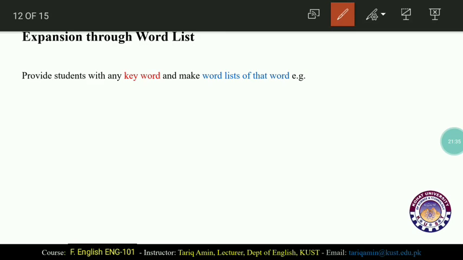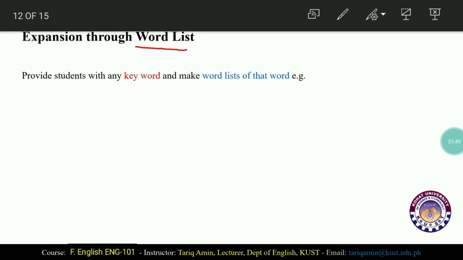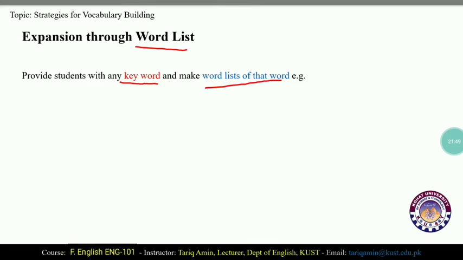Expansion through word list. There is a difference between word wall and word list. You provide students with a keyword and you also provide them with different word lists of that word.